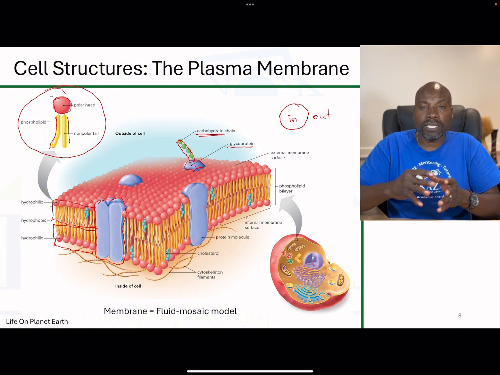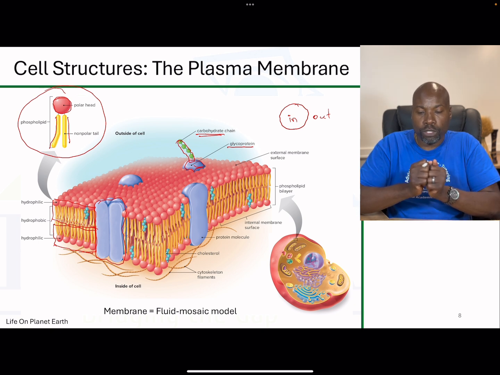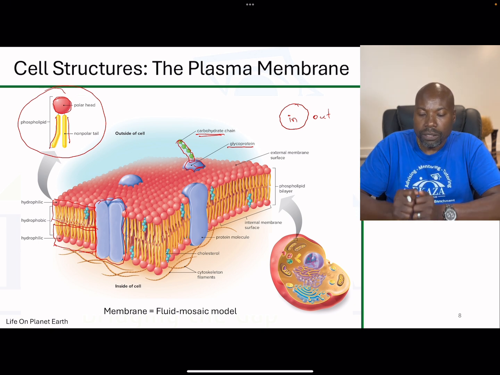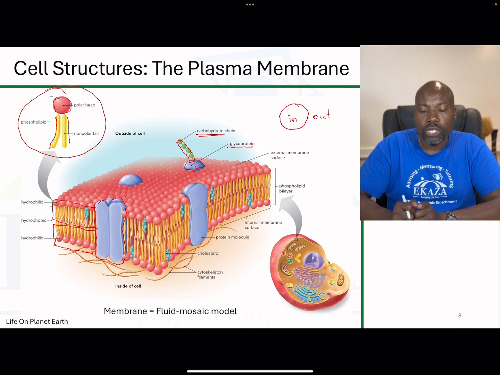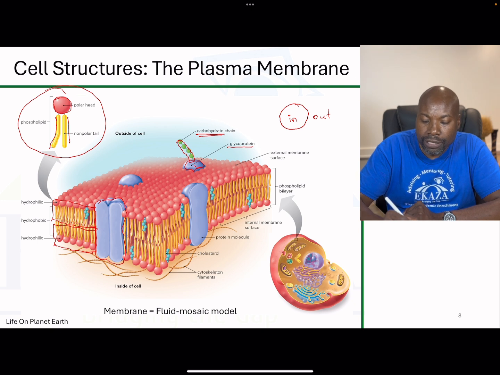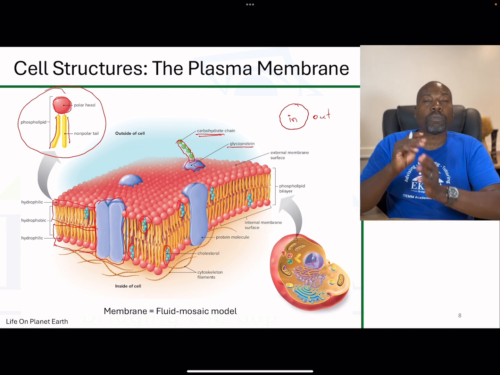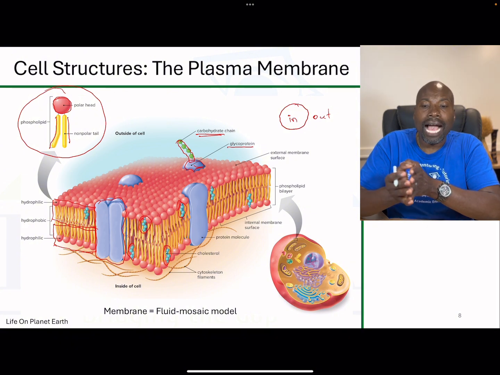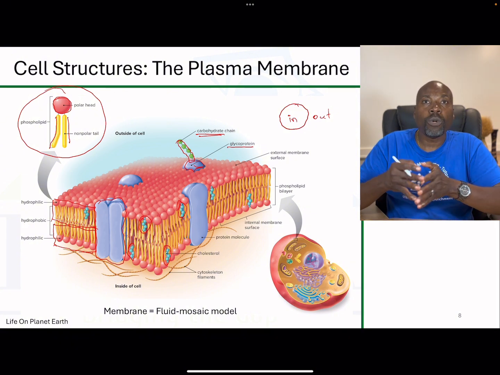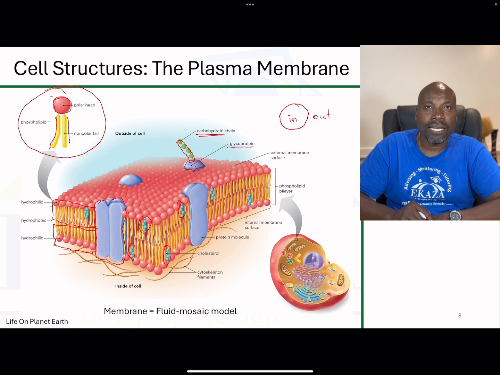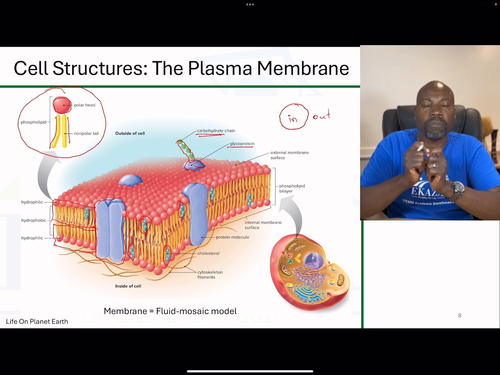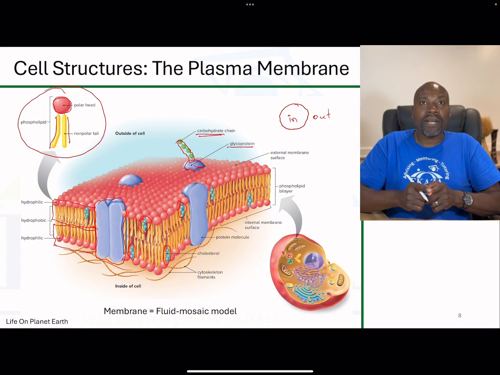So these are proteins that are attached with sugars, okay? So then, in addition to these glycoproteins and these proteins, we are going to have cholesterol, okay? Cholesterol is going to play a very important role at modulating the fluidity in the plasma membrane. I mentioned that word, fluidity. I want you to remember that the plasma membrane is fluid.